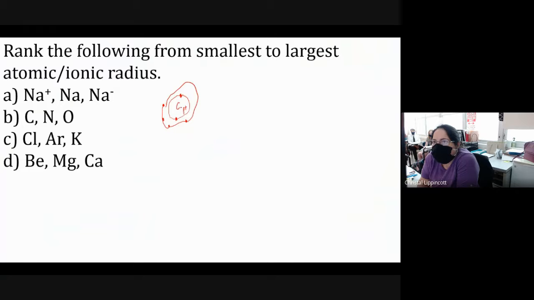I got 6 positives in here, pulling on 4. Nitrogen, if I have nitrogen now, I'm going to have 7 positives, pulling on 5, but I didn't add any more layers here. So it's going to get smaller yet. And then oxygen, I'm going to have 8 positives pulling on 1 more electron, but I really didn't add much more of a distance. So ranking these, this would be oxygen, nitrogen, carbon.